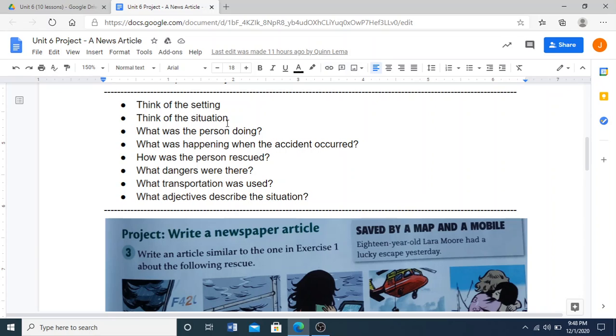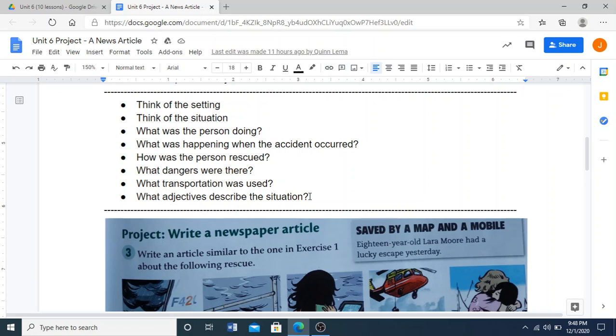Think of the situation. What happened? What was the person doing? What was happening when the accident occurred? How was the person rescued? What dangers were there? What transportation was used? And what adjectives describe the situation?